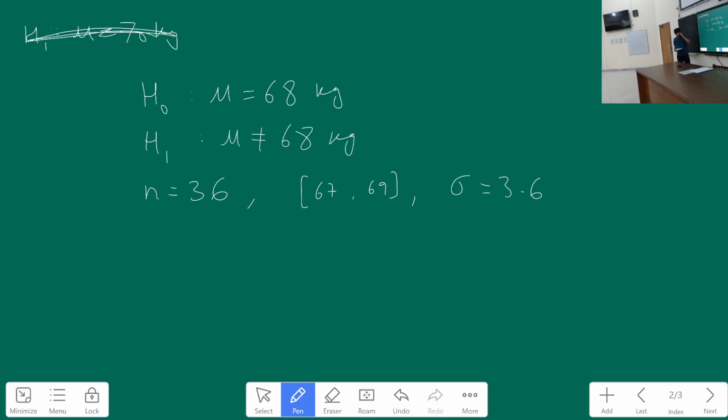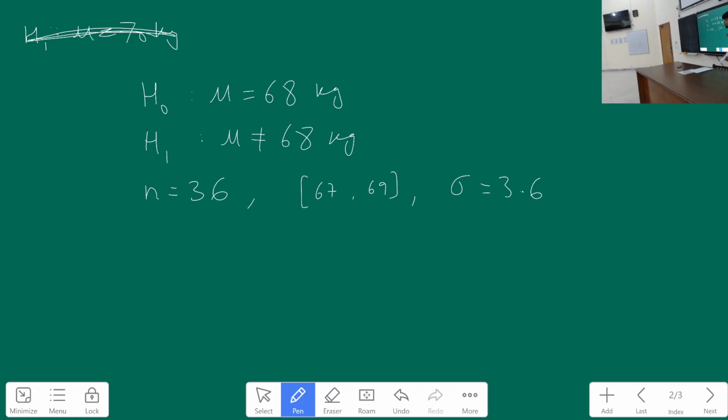So then we say, we have to establish some realistic parameters. Let's say you measure weights of 36 of the male students selected randomly, and you say that the critical region is 67 to 69. If you find the weights to be within that range, you say I was right. And let's say we know the variance of the true population weights.